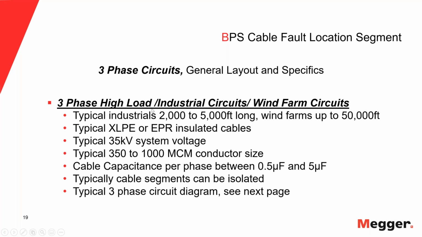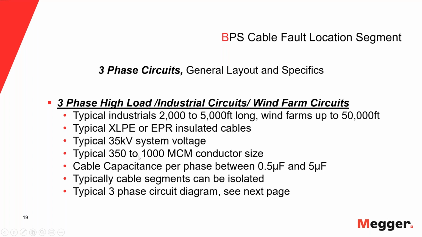And most of the time, all these circuits have either XLP insulated cables or EPR insulated cables. There is very little paper cable involved in these industrial circuits. Typical system voltage is 35 kV, and typical conductor sizes range from 350 to 1000 MCM. Could also sometimes be 1200 or 1500 MCM, depending on the load.